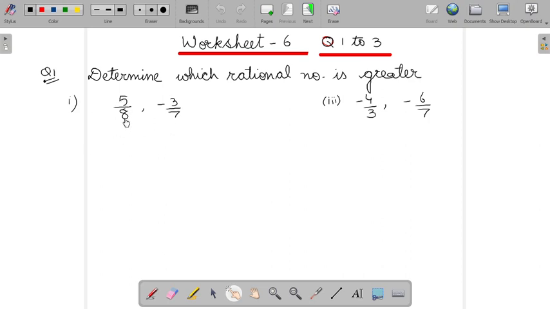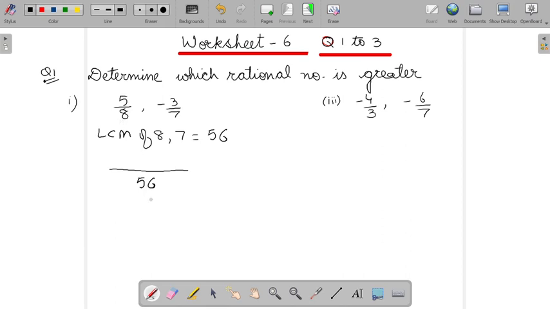In the first part, both have a positive denominator. So what will we do? We will find the LCM of the denominators. The LCM of 8 and 7 is 56. Same procedure: write 56 here.